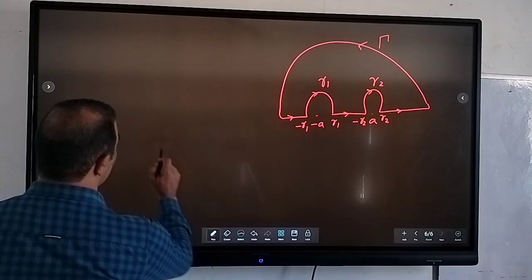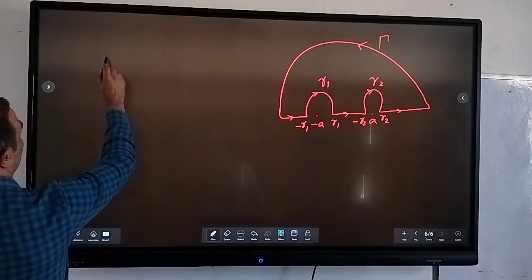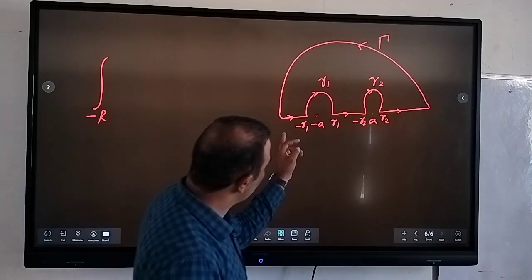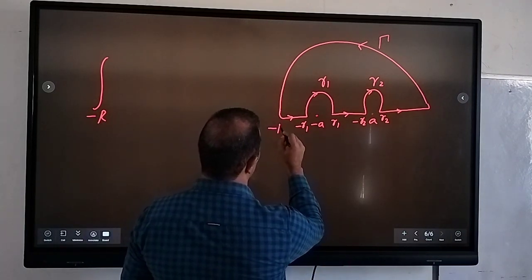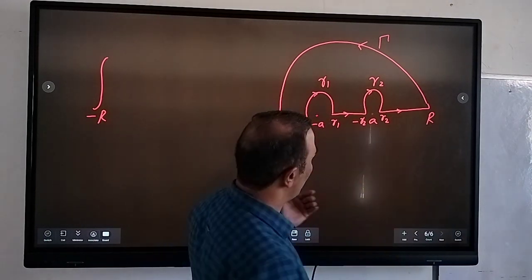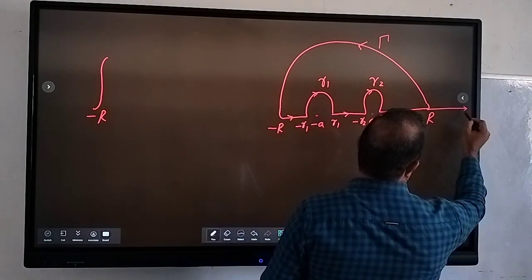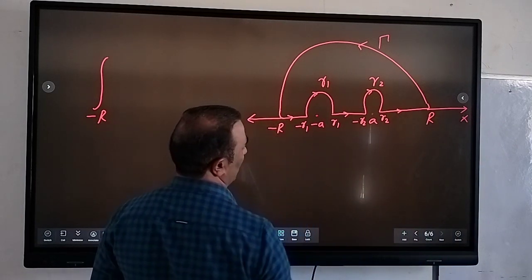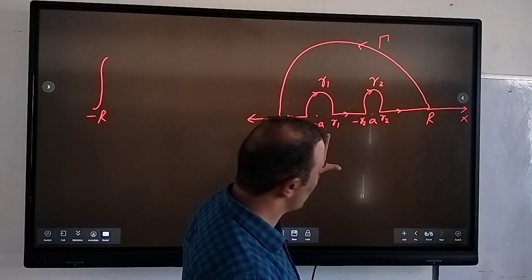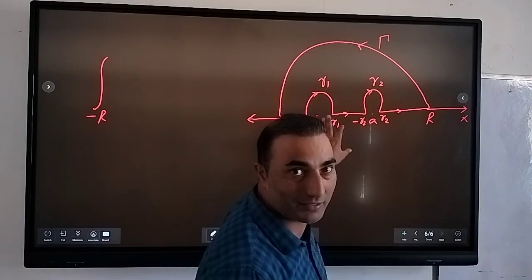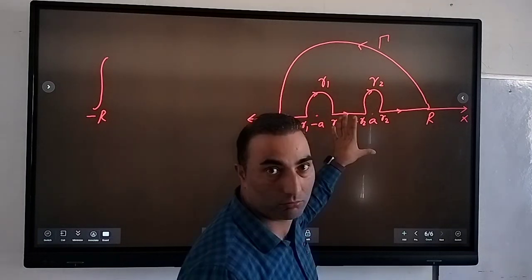So the first integral will be from minus R, because this is minus R to plus R. This is our real axis. So the first integral limit will be from minus R up to this point near the pole at minus a.